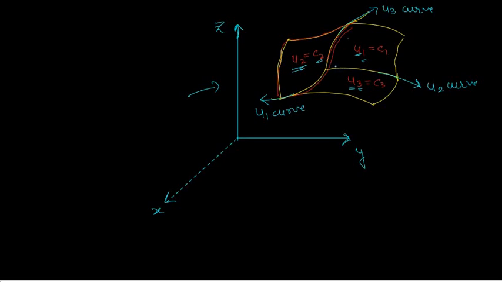Now the second thing and the very important thing is to define the unit vectors in this coordinate system, which is replaced by u1, u2, u3. So we have some general coordinate system that is defined by u1, u2, u3. Now what are the unit vectors or unit tangent? If I know the vectors, then I can find out the unit tangent vector.